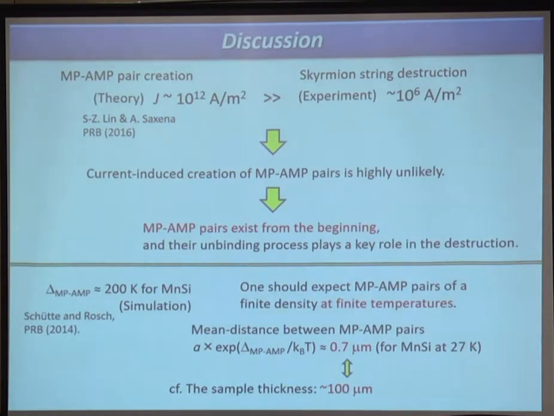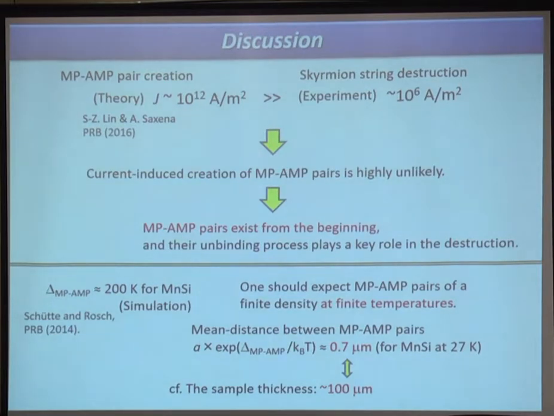The remaining possibility is that monopole anti-monopole pairs exist from the beginning, and their unwinding process plays a key role in the destruction. In fact, numerical simulation shows that the creation energy of a monopole anti-monopole pair is only 200 Kelvin per system. So one should expect monopole anti-monopole pairs at finite density at finite temperature.